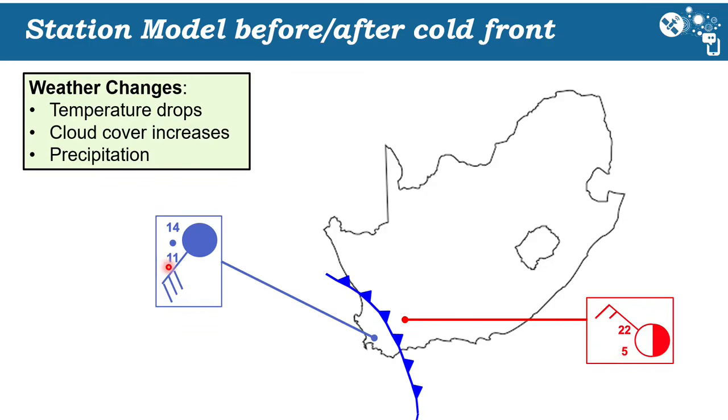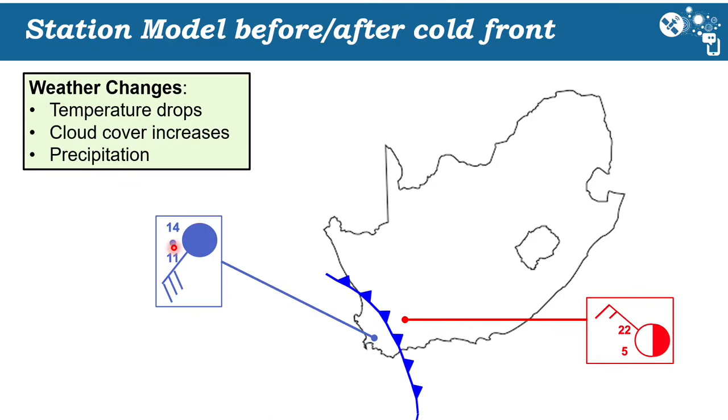Now it only has to drop to 11, and notice only by 3 degrees Celsius. And that is why over here there's no type of precipitation, because of that big difference between the two. But here, because your air temperature is so close to your dew point temperature, there is the symbol for rainfall.